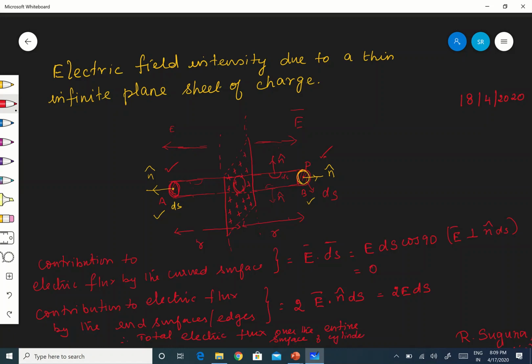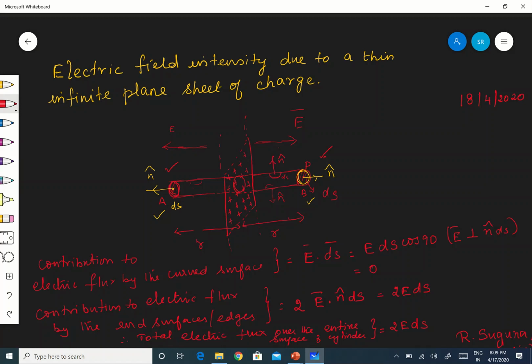That is nothing but the curved surface, no contribution. Therefore, that should be equal to 2E ds. Fine. Is it clear? Right. Therefore, I have an idea about what is the net electric flux.